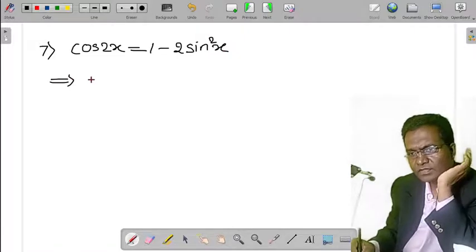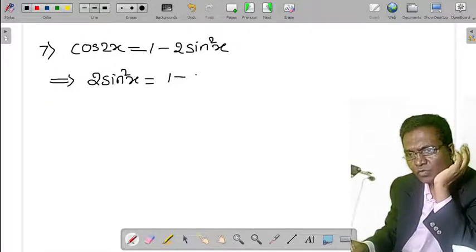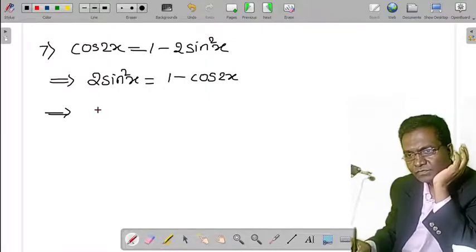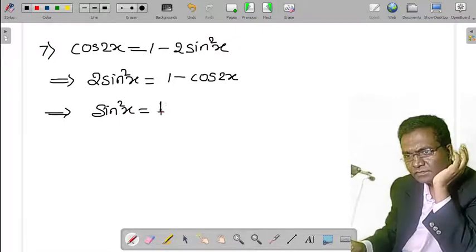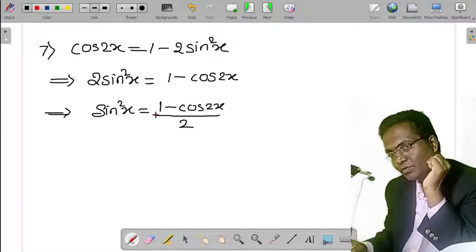So from this, 2 sine square x is 1 minus cos 2x. So sine square x can be written as 1 minus cos 2x by 2.